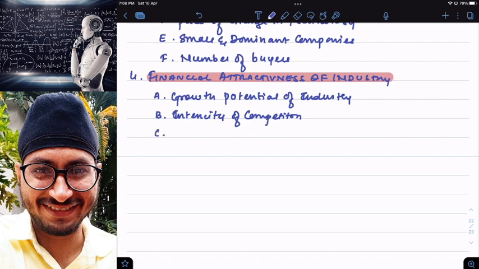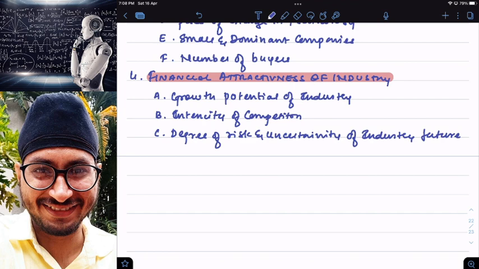Then degree of risk and uncertainty of the industry's future. According to you, is this industry's business certain or uncertain?